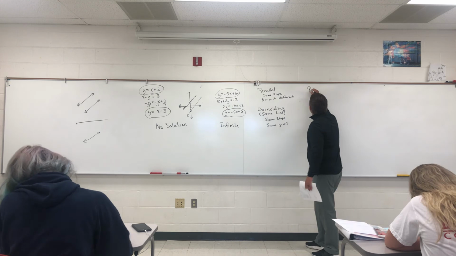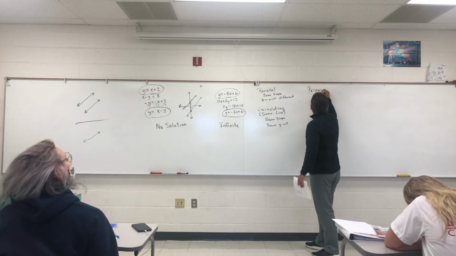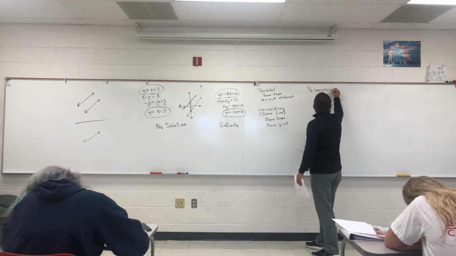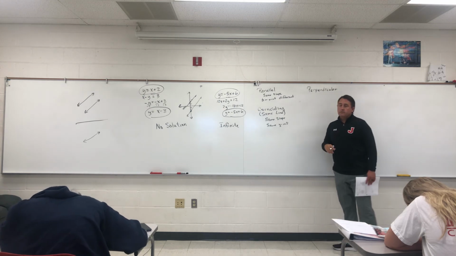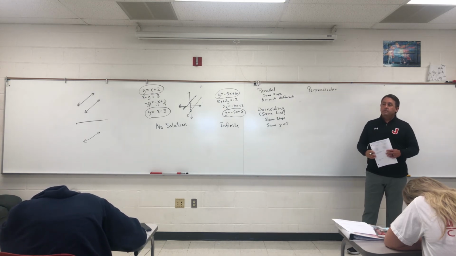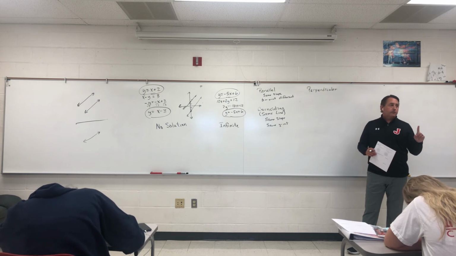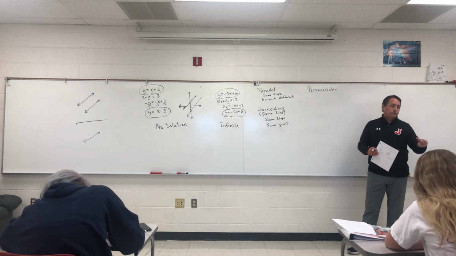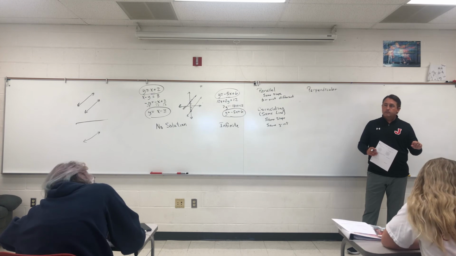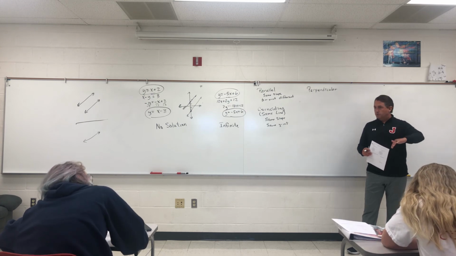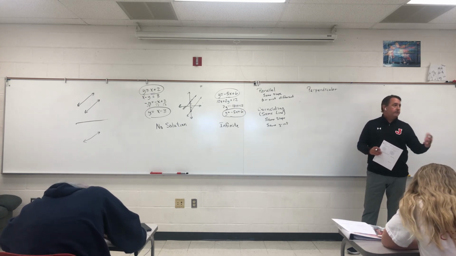Now on perpendicular, let's write this down too so we review this. There's only one thing you have to know for them to be perpendicular. What does that have to be about the slopes? They've got to be opposite reciprocals. So they've got to be opposite signs and flipped.